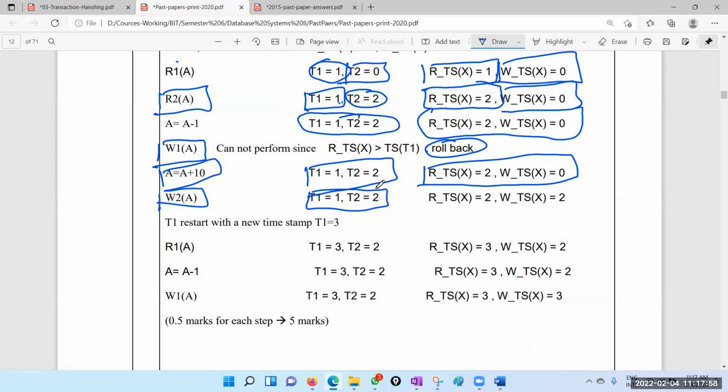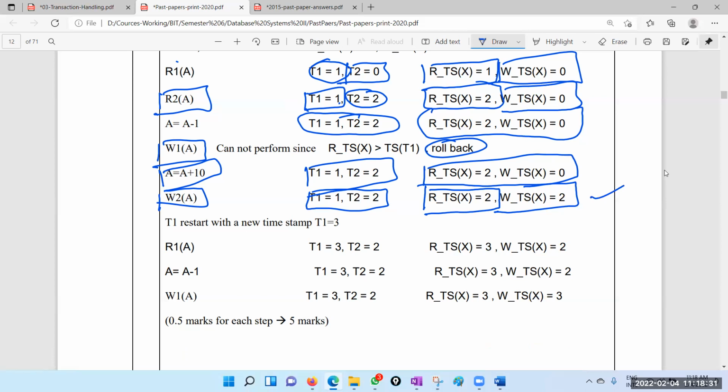You are the younger transaction anyway, so you can do it. You are not changing the read timestamp, but you update the write timestamp with your own. If you do a write, you can always update with your own, no issue. It is when you do a read that you check whether a younger one has read it, then you keep it. Otherwise, you update. I hope that is also understandable.